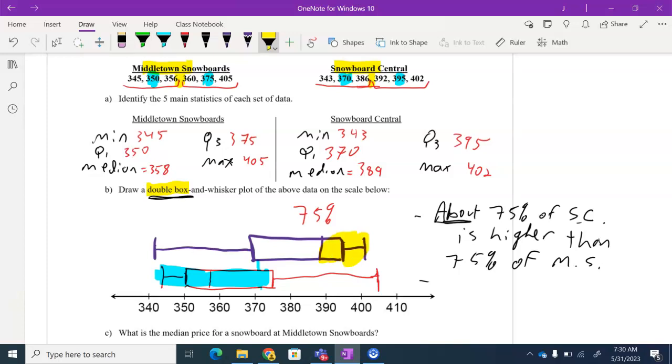That's 50%. 50% of Snowboard Central is in the upper quartile of Middleton snowboards, right? Because it's located within the upper part of the other one. So that's what I mean by analyzing and showing me proof.